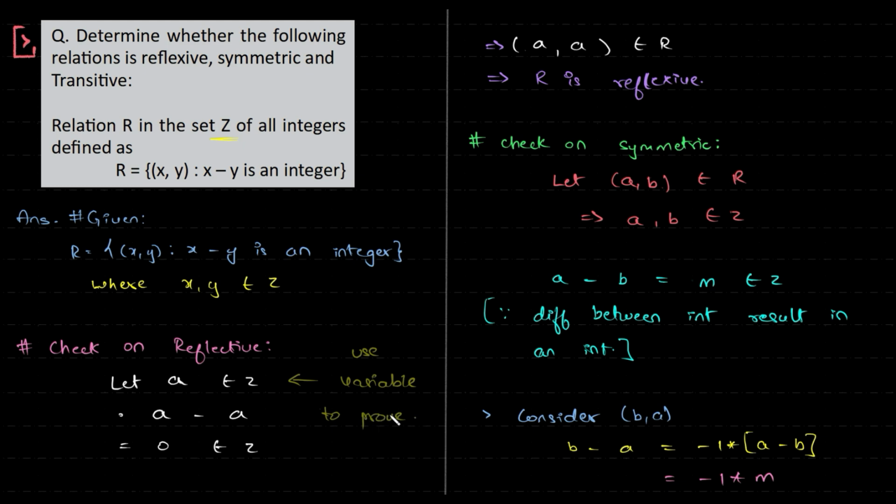Don't use numbers. Whenever something is true, we have to use variables to prove it. Okay, so this is the sequence of thinking. So here and there you'll be able to reduce the writing, but this is a step-by-step explanation of everything, so I don't want you guys to miss anything.